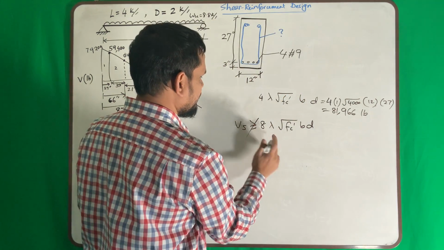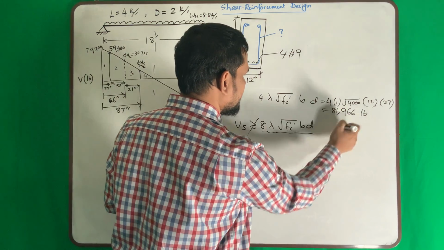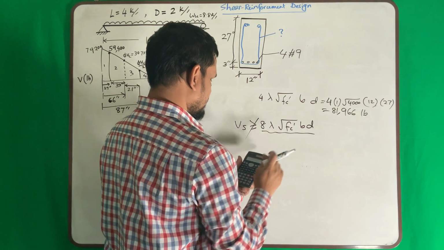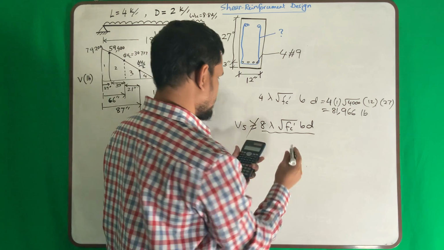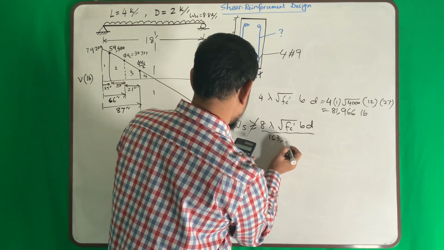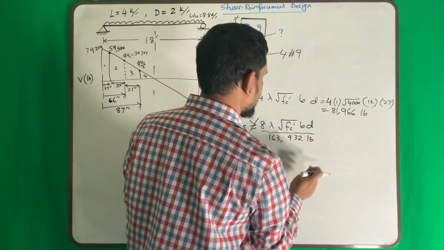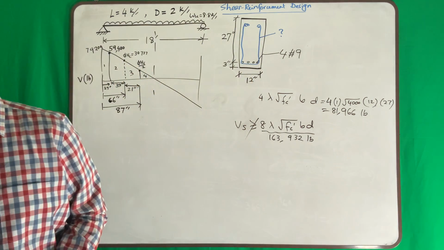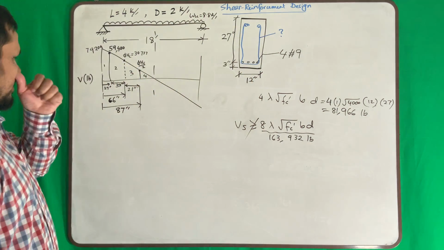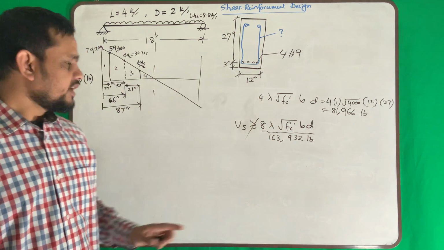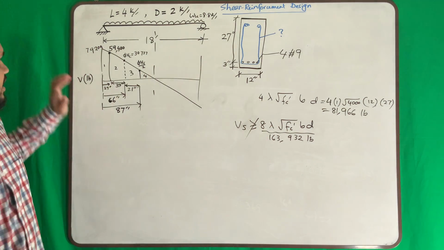So this portion will be double of this, 163,932 pound. Okay, now we need these two values. I'll go there, but before going there, let's come here.